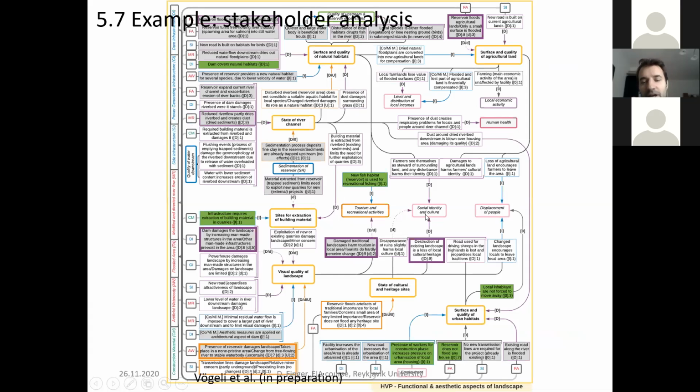We could identify the main causes of concerns regarding those two hydropower projects, and we actually were able to identify that the main concerns are different in Switzerland and in Iceland.